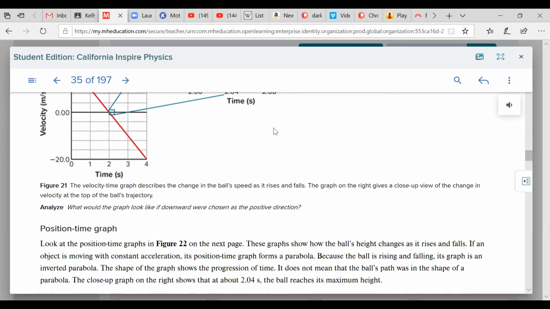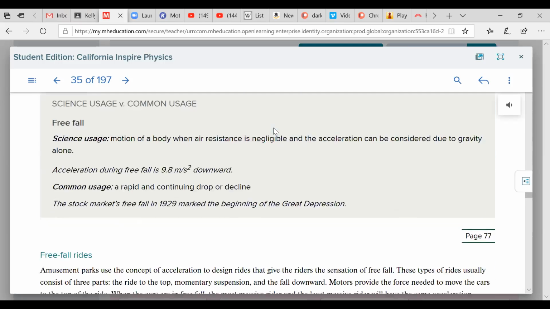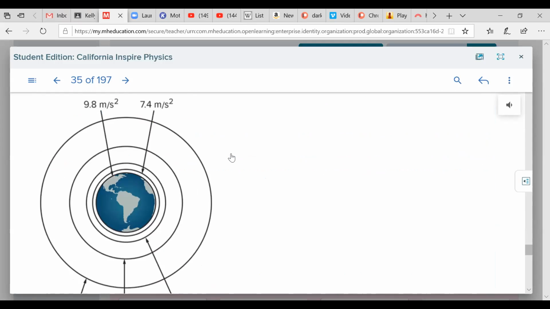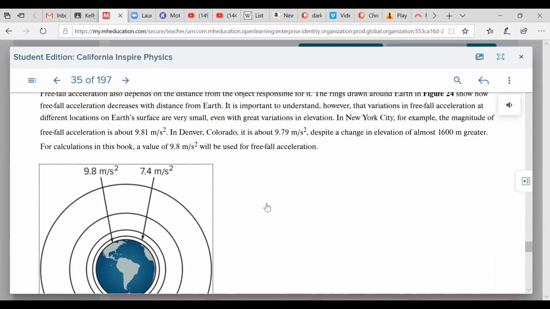So let's see if there are any problems here. Yeah, there's a few. We'll work on those as well. We're just going to be doing problem solving, wrapping things up, talking about variations in free fall, and that'll be basically it for acceleration. After Thanksgiving, we'll start forces, which is module 3.